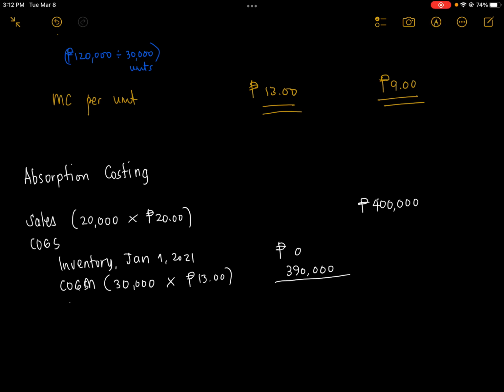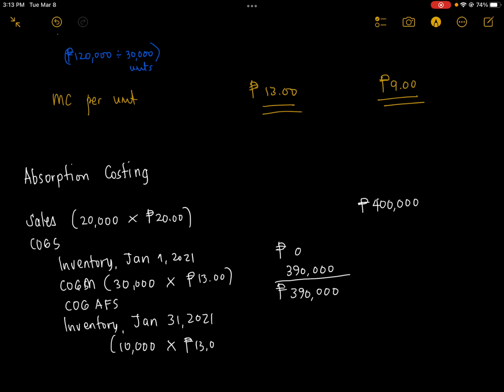Adding the two, we have our cost of goods available for sale, a total of 390,000. And of course, the inventory at the end of January: since 30,000 units were produced and 20,000 were sold, you have 10,000 left. 10,000 is your ending inventory as of January 31. You multiply it by the 13 pesos unit cost.